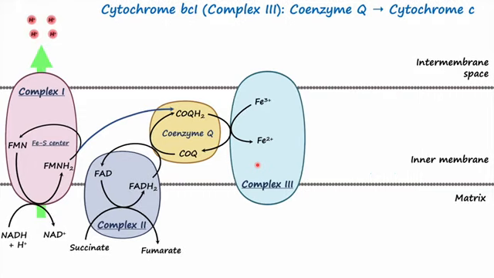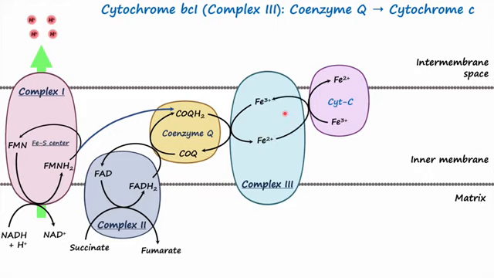Now from here, the electrons which are now with the ferrous ion, Fe+2, are transferred onto the Fe+3 of cytochrome c, which reduces the Fe+3 into Fe+2, the ferrous ion. As a result, the ferrous ion on complex 3 is oxidized and converted back into Fe+3.